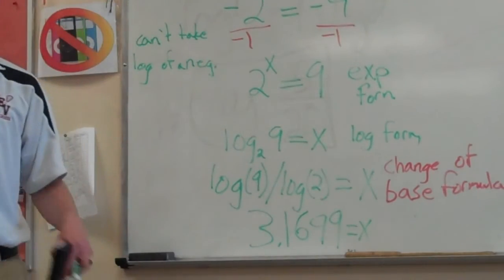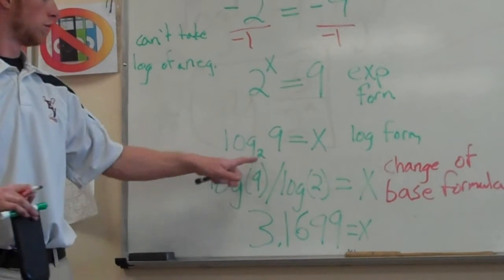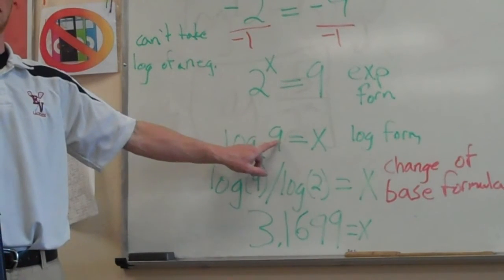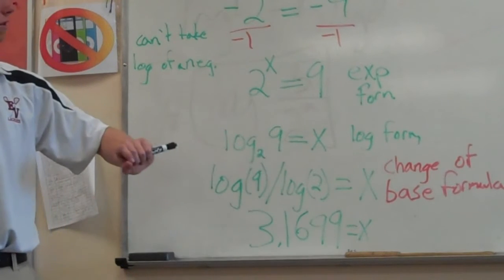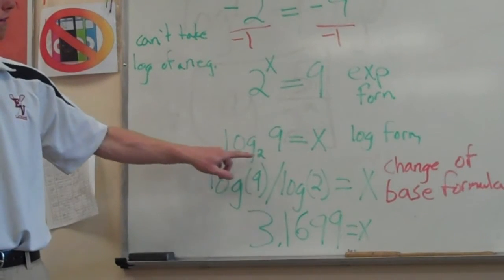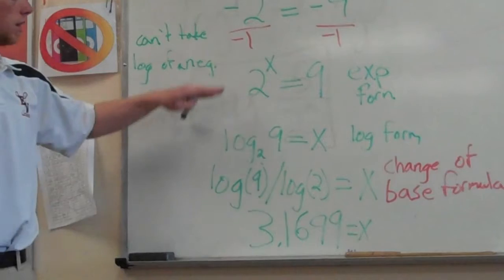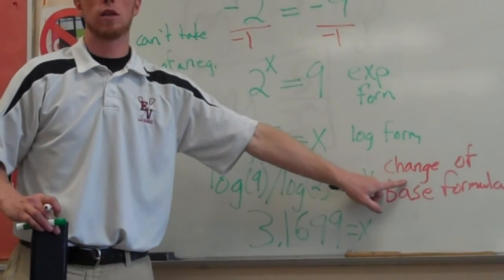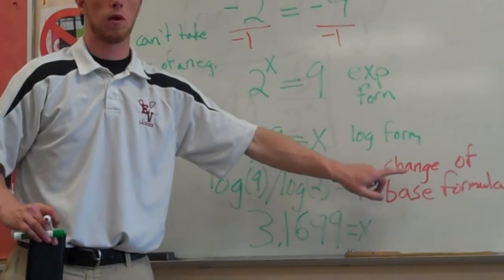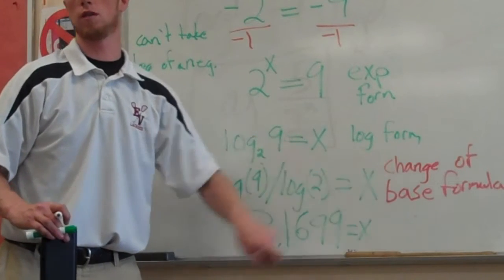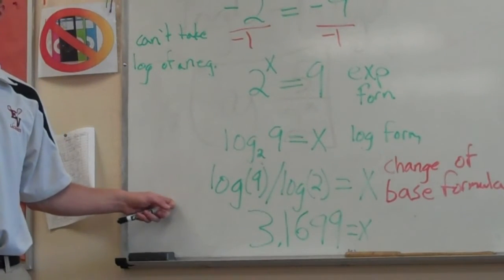So even though it's called a formula, you guys already know how to do this. You just take the large number after the log and divide it by the log of the base. Okay? This is not new. This name is something that you'll see. You will now see change of base formula. It just means to do this.